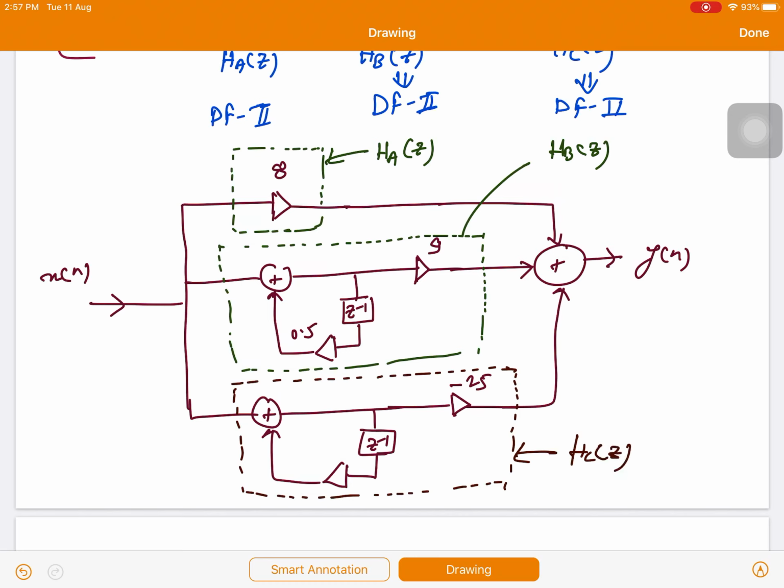Okay, so that will be your final diagram, the final realization for parallel form.